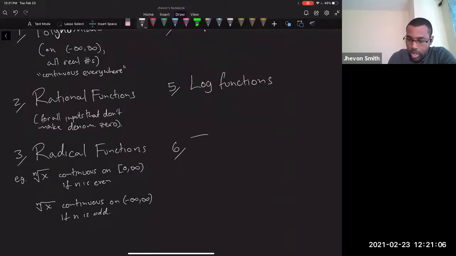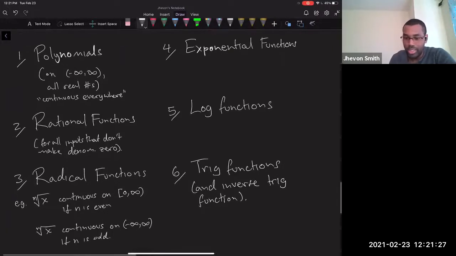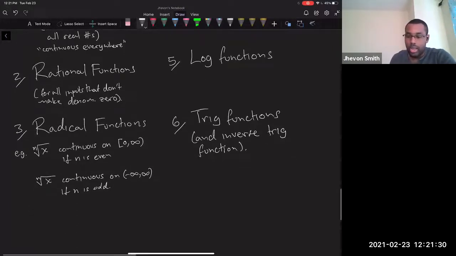Sixth, trig functions, and of course the inverse trig functions. Technically, exponentials and logs are inverses of each other, but we count them as separate classes because they behave so differently from each other, and it's worth separating them into two classes. But those are them.